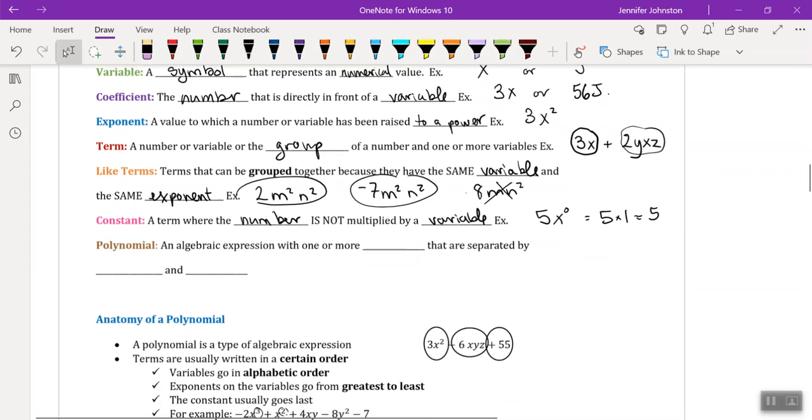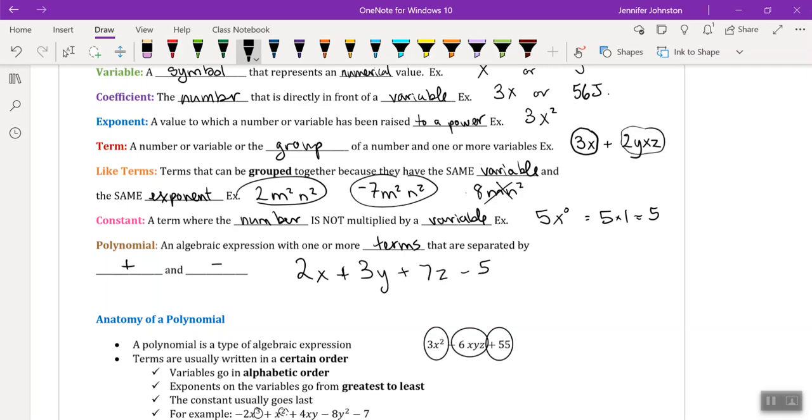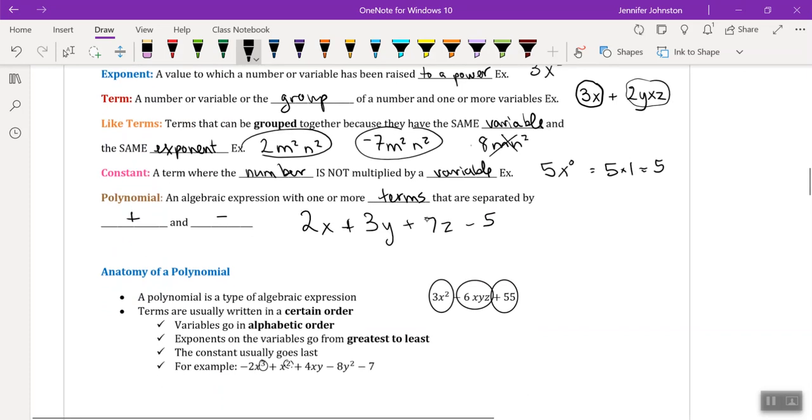Lastly, a polynomial is an expression with one or more terms that are separated by a plus or a minus. So like 2x plus 3y plus 7z minus 5. Those are a whole bunch of terms: 1, 2, 3, 4 terms. If we had 3 terms, it's a trinomial, 2 terms, a binomial, or just 1 term would be a monomial.